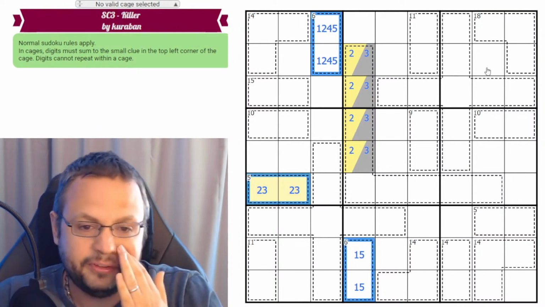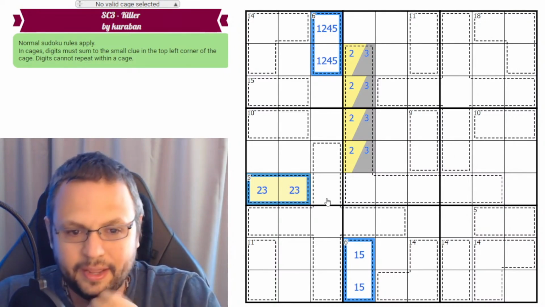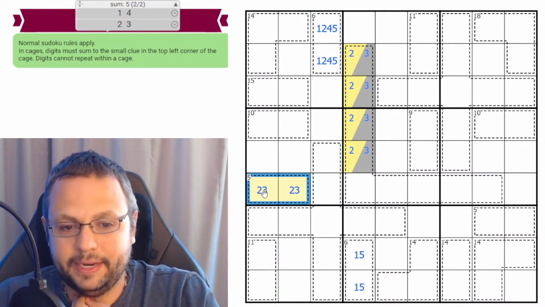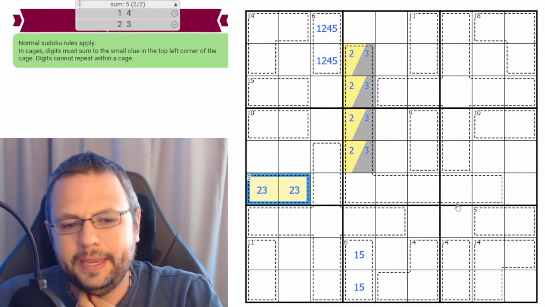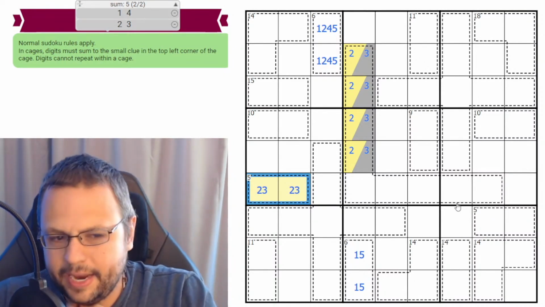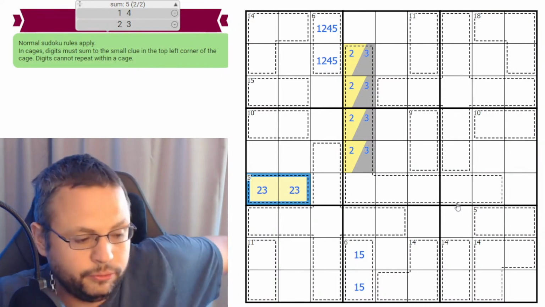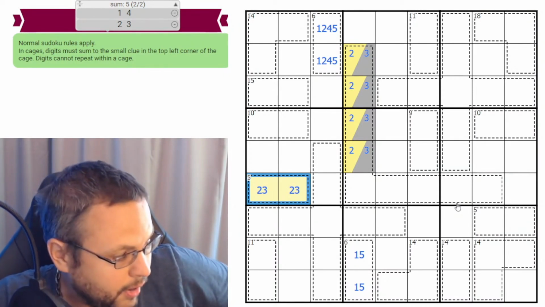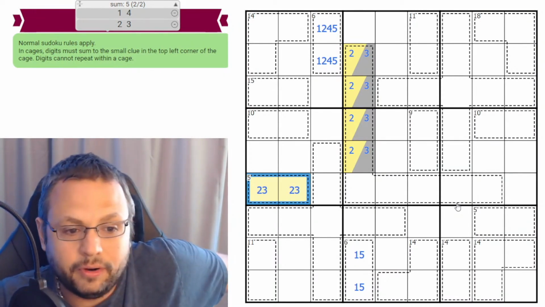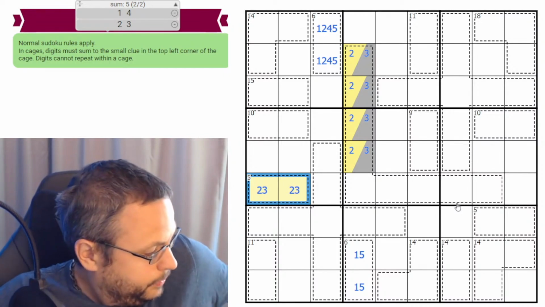And so in absence of anything else to focus on, the cages with only 2 possibilities are the ones that I sort of chose to focus on. And as I mentioned at the very beginning, setters really like killer totals where there's 2 possibilities. 2 possibilities are usually what setters are going to prefer.